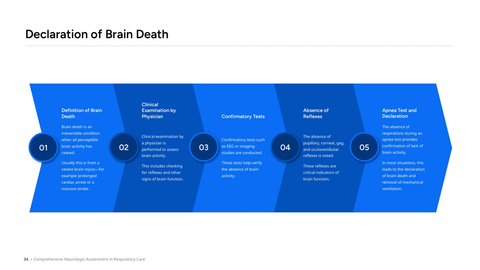Finally, the apnea test plays a key role. If the patient shows no respirations during this test, it confirms a lack of brain activity. In most cases, this leads to a formal declaration of brain death and the decision to remove mechanical ventilation. Understanding this process is essential, as it guides us in making clear, ethical decisions regarding end-of-life care.